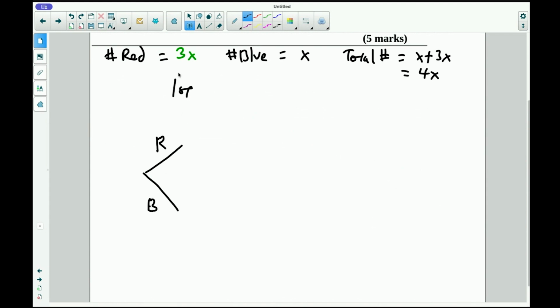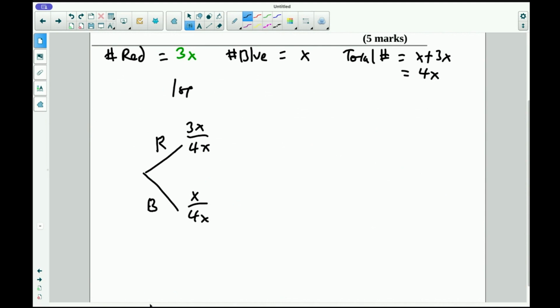And we can see here that our probability of getting red is 3x out of 4x, because our total is 4x. And if we look at the blue, it's just going to be x out of 4x.